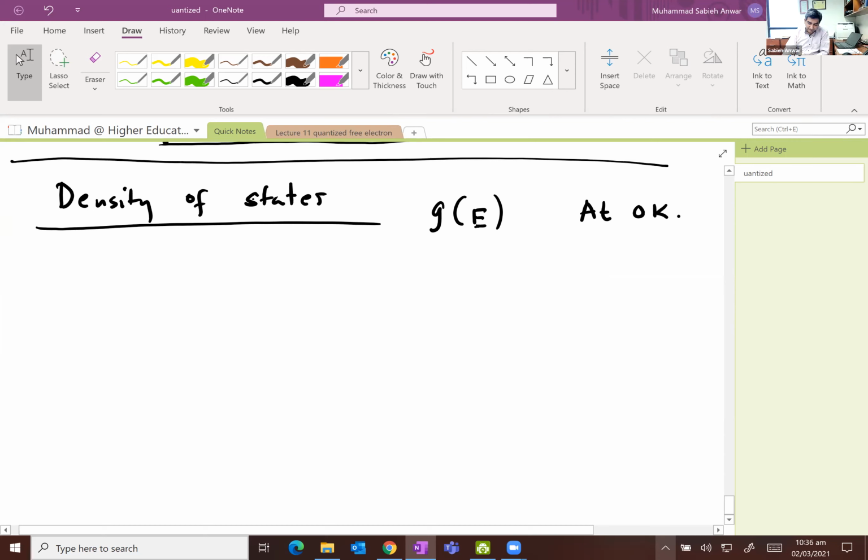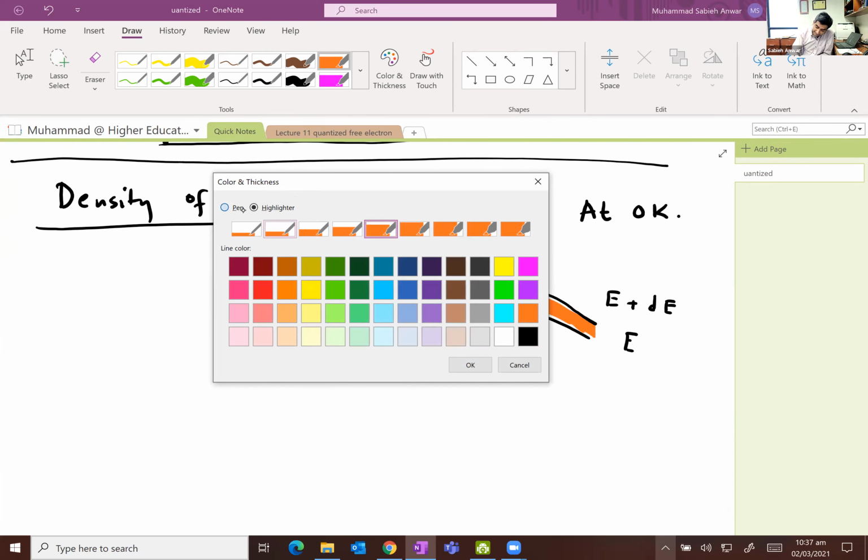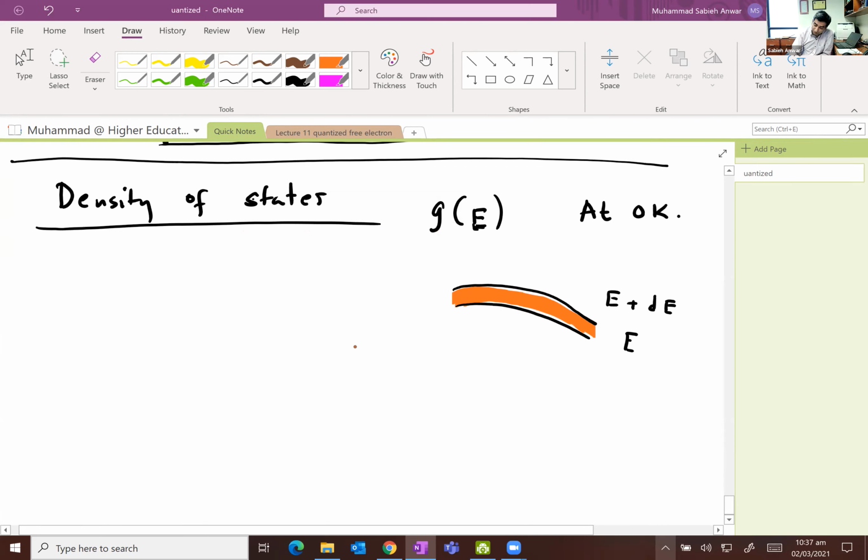All right, so what is the density of states? If I have an energy surface E and an energy surface that is slightly higher, E plus dE, then the number of electrons in this small volume, if this is dn, then I can define dn to be equal to the density of states at the energy E multiplied by the change in the energy dE.